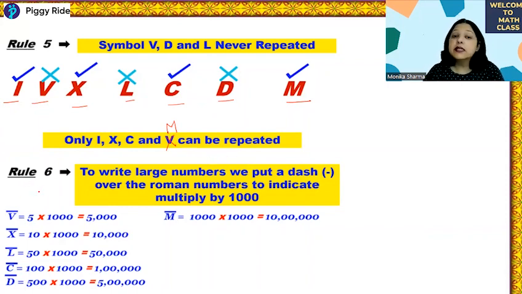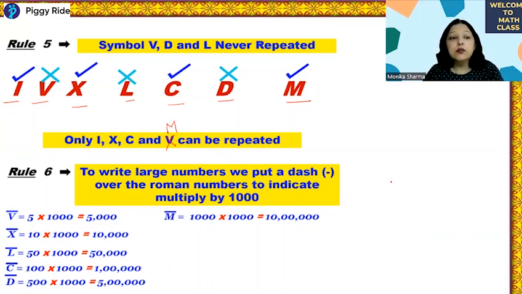Now rule number 6. If you want to represent large numbers, like 5,000, 10,000 or 50,000, then what you need to do is put a dash over the Roman numbers.